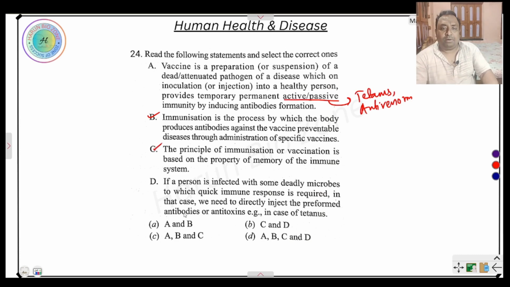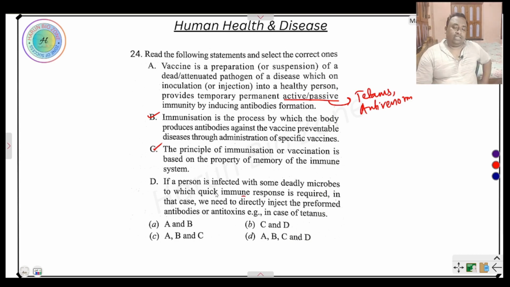If a person is infected with some deadly microbes for which a quick immune response is required, in that case we need to directly inject the preformed antibodies. Preformed antibodies means antibodies produced outside of the body.